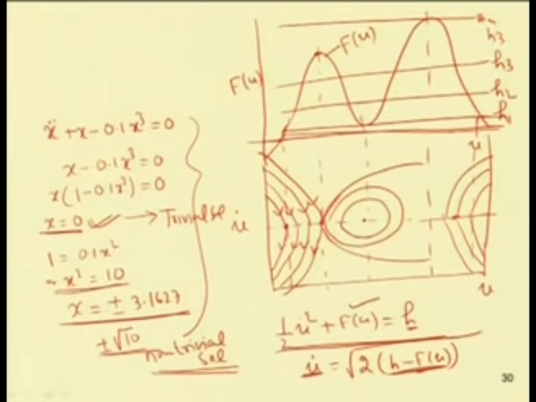You can have a pair of responses, 2 coming out and 2 going inside, and similarly one can have a separatrix corresponding to this position also. So, the corresponding response has been plotted.